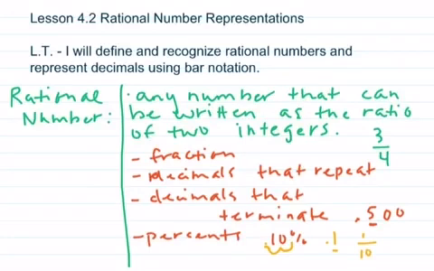Okay, so that's your percent to decimals to fractions, those conversions you guys learned last year. So rational numbers, again, any number that can be written as the ratio of two integers. They can look like fractions, decimals that repeat, decimals that terminate, or percents. And then I've given you guys some examples here.